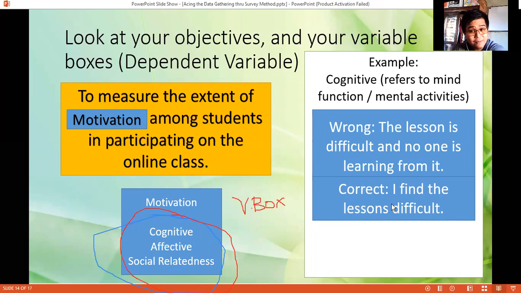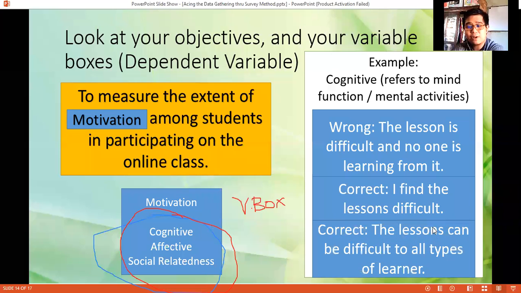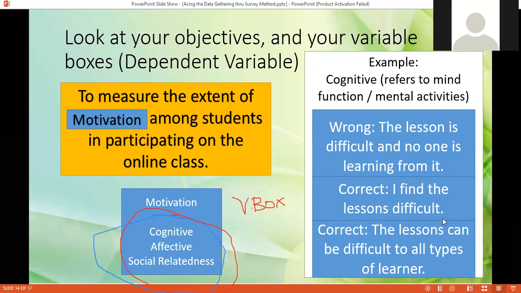This is not a negative statement. And then, the lessons can be difficult to all types of learner, instead of saying no one is learning from it. So your statement should not contain negative statements.